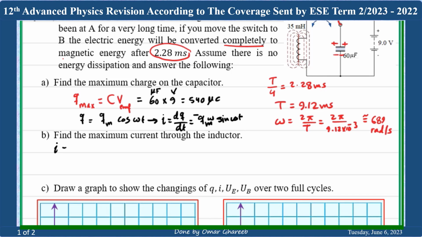Now I equals I maximum sine omega t with a minus sign. That means I maximum, if you compare the equations, is Q maximum times omega. Now Q maximum is 540 times 10 to the minus 6, multiplied by omega 689, the answer would be 0.372 amperes.